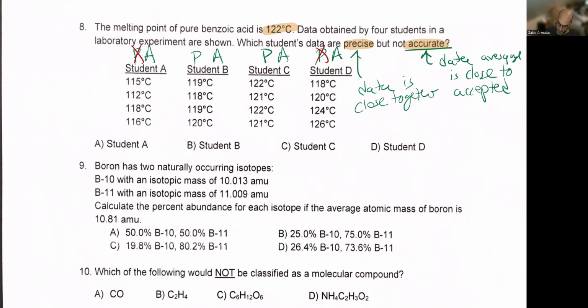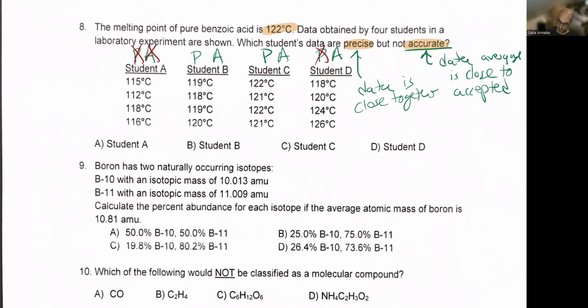Student A, if I averaged these together in the student A column, that would not be anywhere close to 122. Student B, those numbers look certainly closer than the first student.